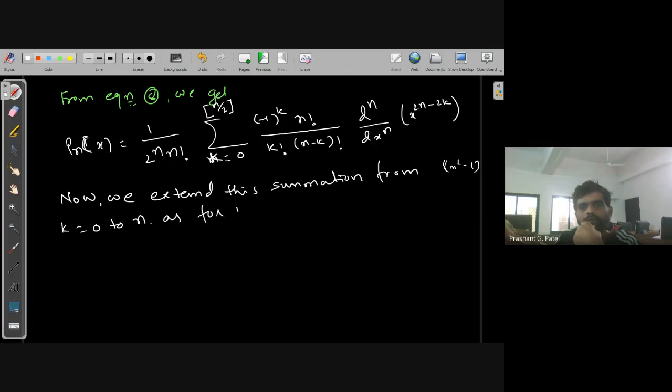As for k greater than n by 2, this implies 2k is greater than n, which implies n minus 2k is less than 0.